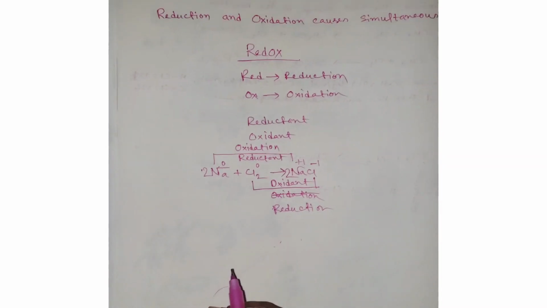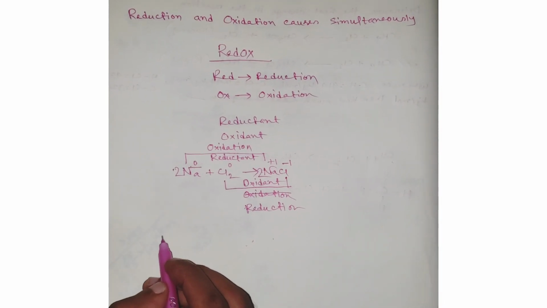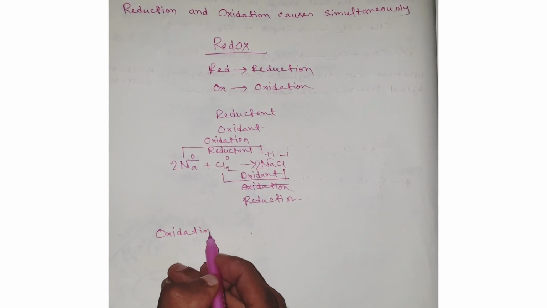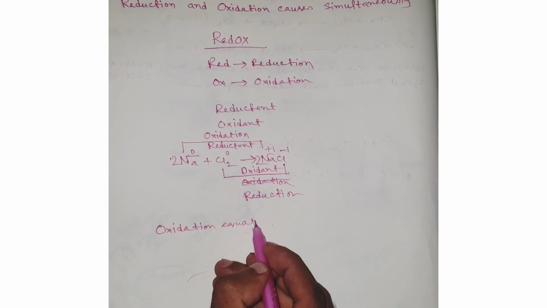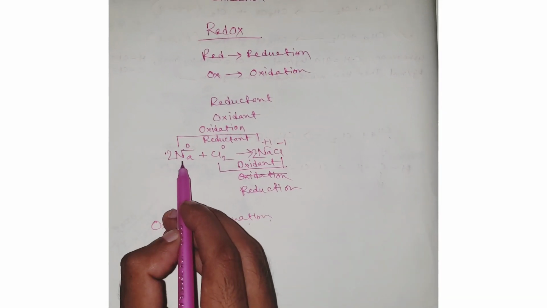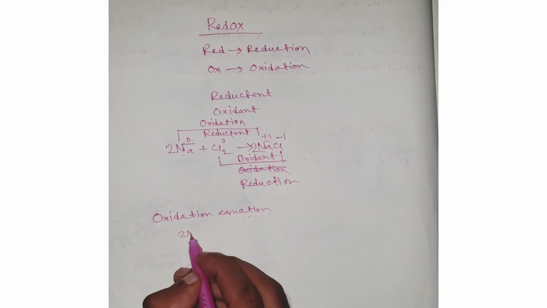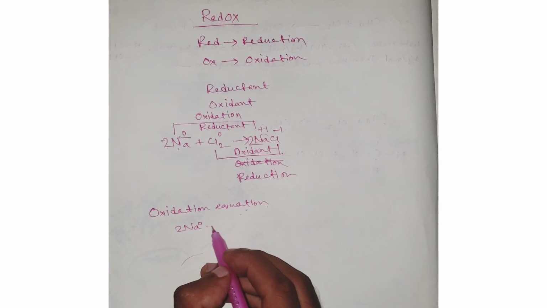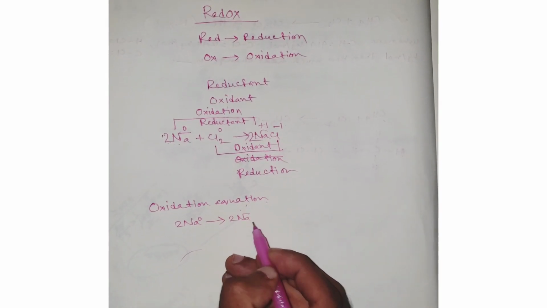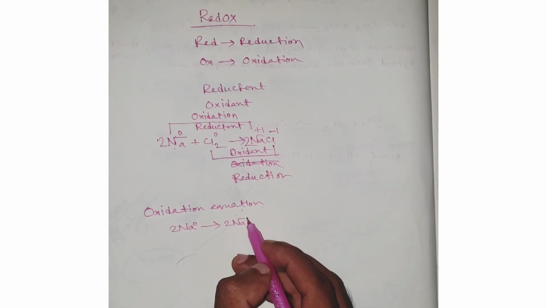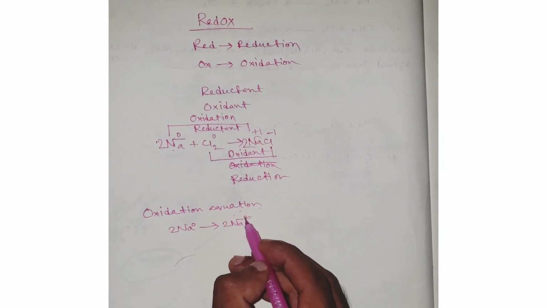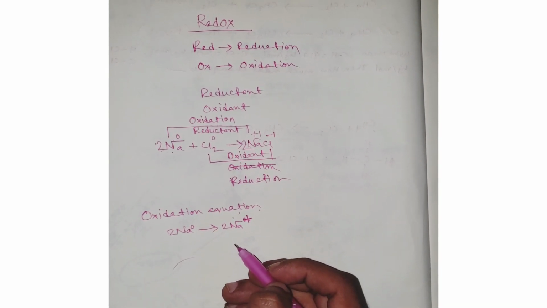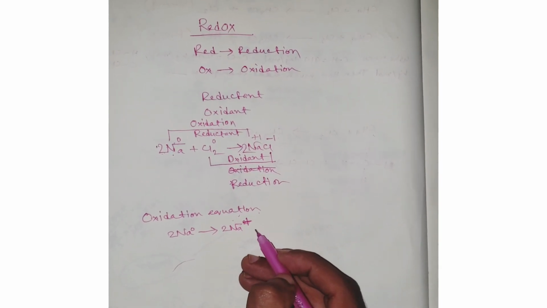Okay, let me write down the oxidation equation. Sodium was 0 charge. After that, it has donated 1 electron. One sodium donates 1 electron, so 2 sodium will donate 2 electrons.